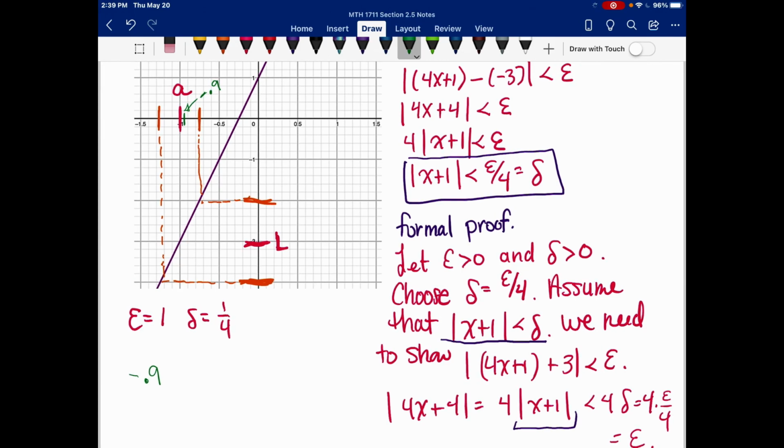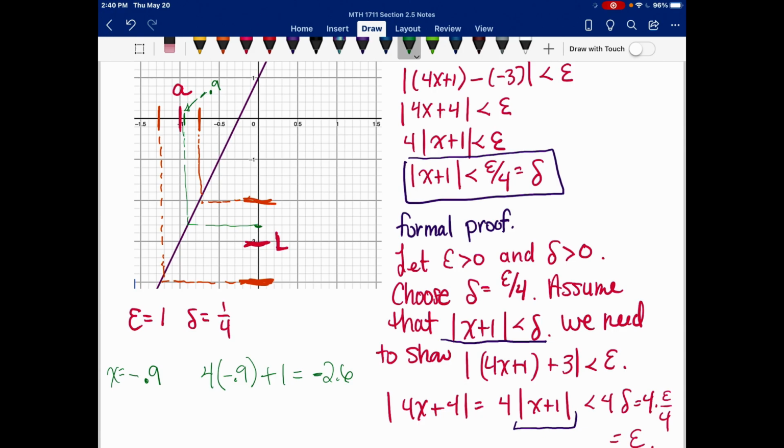So if I plug that in, we're going to say let x be equal to -0.9. If I plug that in to find my value of my function, I'm going to have 4 times -0.9 plus 1, and that's going to give us -2.6. So -2.6 falls right here. So it lies within that interval.